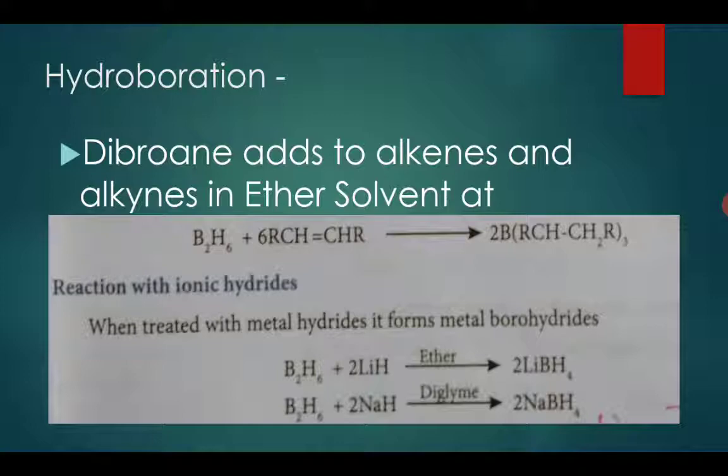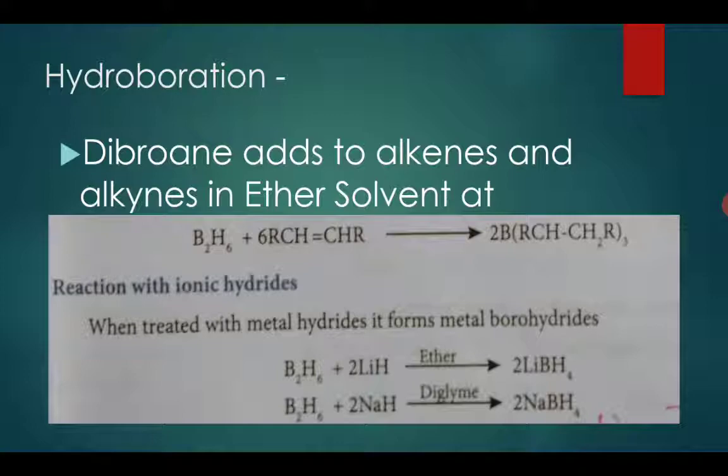See the equation: B2H6 plus 6 RCH=CHR. So it is an alkene. Since you have a double bond, it gives the compound 2B(RCH-CH2R) thrice. So this is what you call hydroboration.